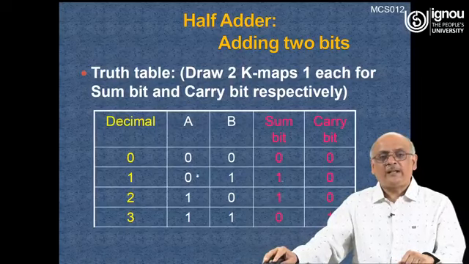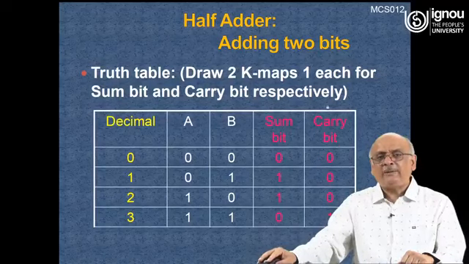So what will you get? The first term is going to be A prime B, and the second term is A B prime. That is how you get A prime B plus A B prime for the sum bit.